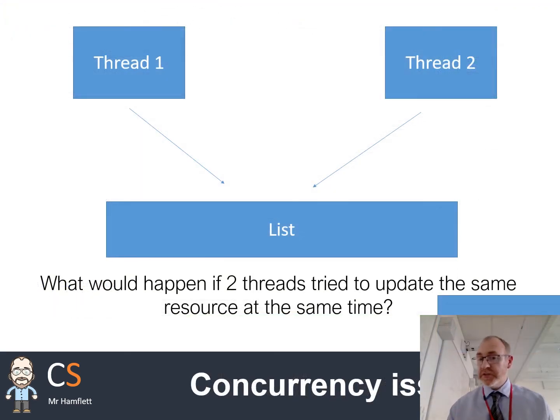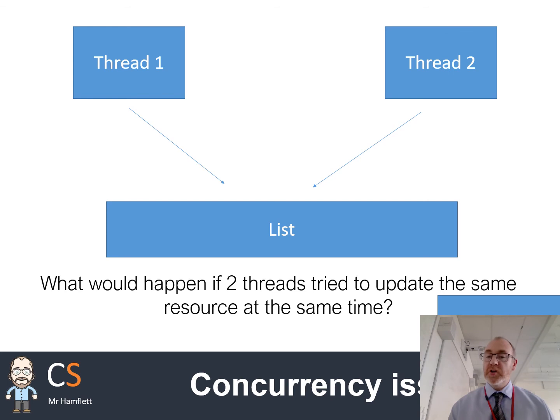So concurrency is very, very powerful, especially when I've got a large amount of data or a large problem I need to break down. However, we do sometimes have issues. This is where we have to be slightly careful, especially if we're sharing information between two threads or we're getting two threads to work on the same thing. So, for example, what would happen if I had two threads all working on the same list of numbers at the same time?